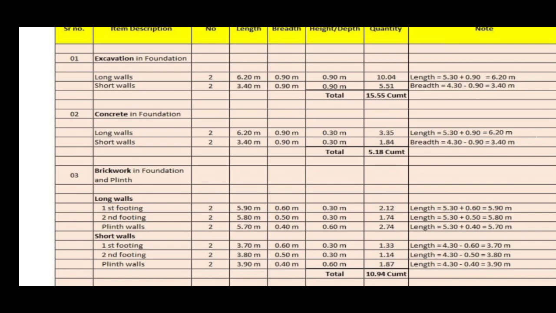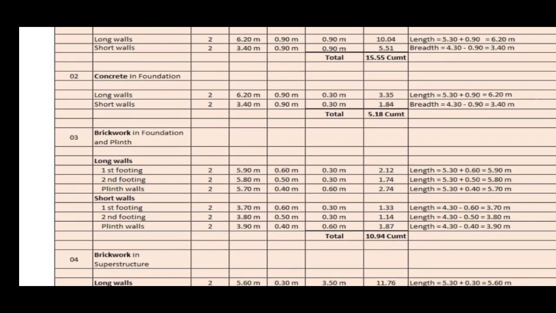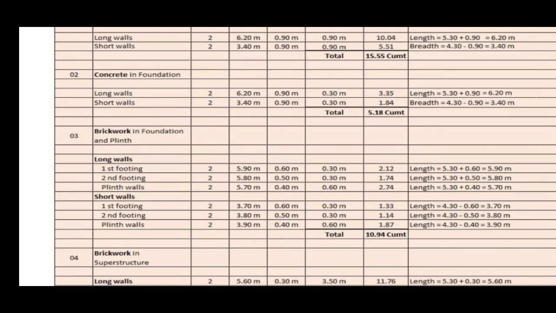Similarly, for short walls, the total length is calculated by center to center length minus half width of item from one side minus half width of item from another side. In this first step, we can get the length by deducting from the center to center length 4.3, one half of 0.6, that is width of item, minus one half of 0.6.